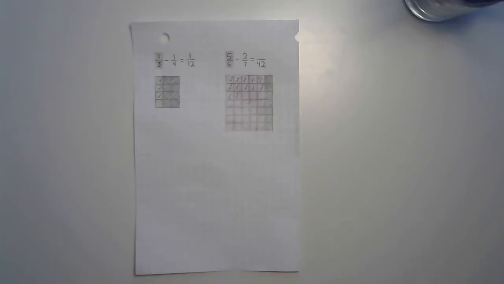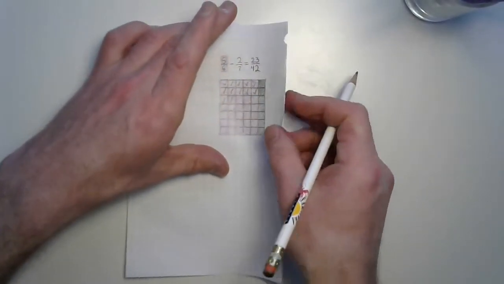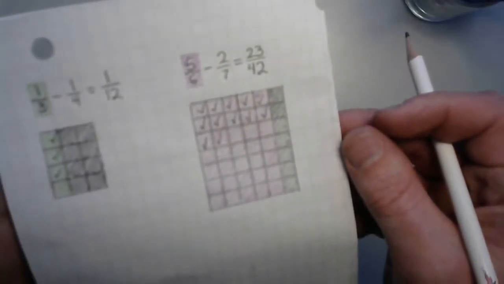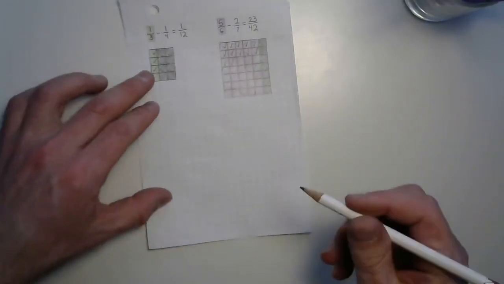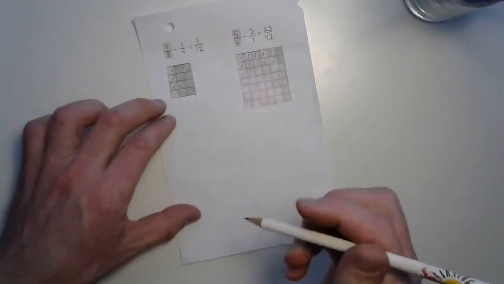How fantastic. Let's write that down. Can we reduce that answer at all? Not this time. Let's try a really absurd one with a mixed number now. How about something like 2 2/3 minus 1/5?